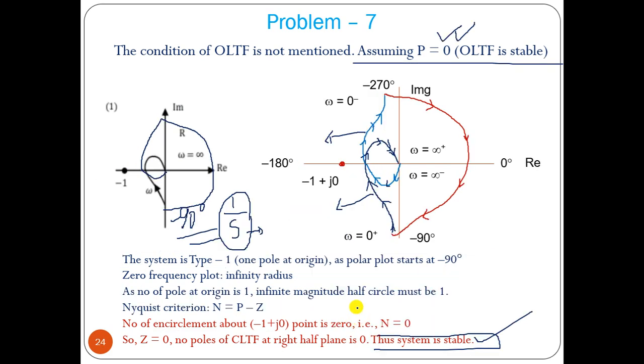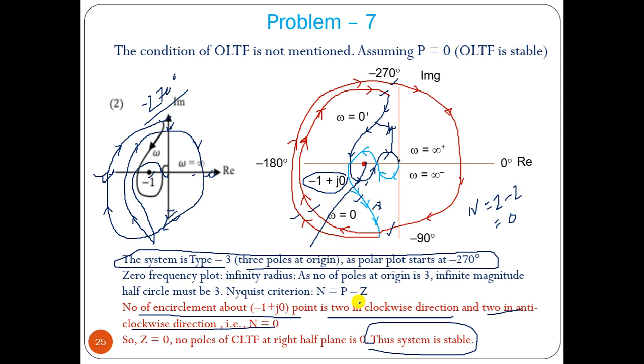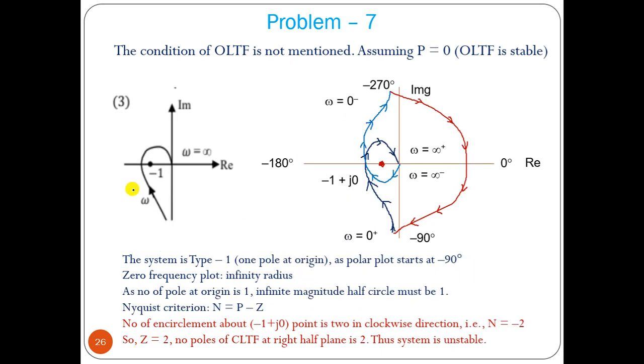So number 1 is stable, number 2 is also stable. Now say number 3. This is also a type 1 system because it started from minus 90 degree. So if you draw it, this is your inverse polar plot and one half circle that we can connect. So this is your polar plot.